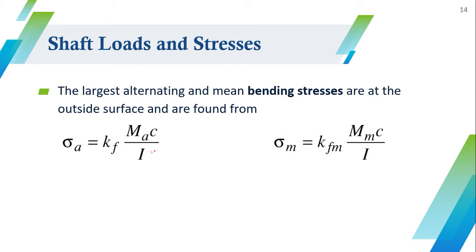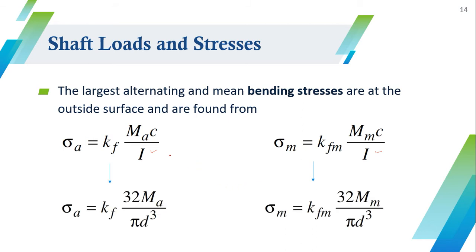Now if I substitute the expression for the moment of inertia here, which is pi d to the fourth over 64, and since c is also d by 2, after manipulation what I get are these expressions for mean and alternating components of bending stresses: 32 Ma over pi d cubed, and 32 Mm over pi d cubed.